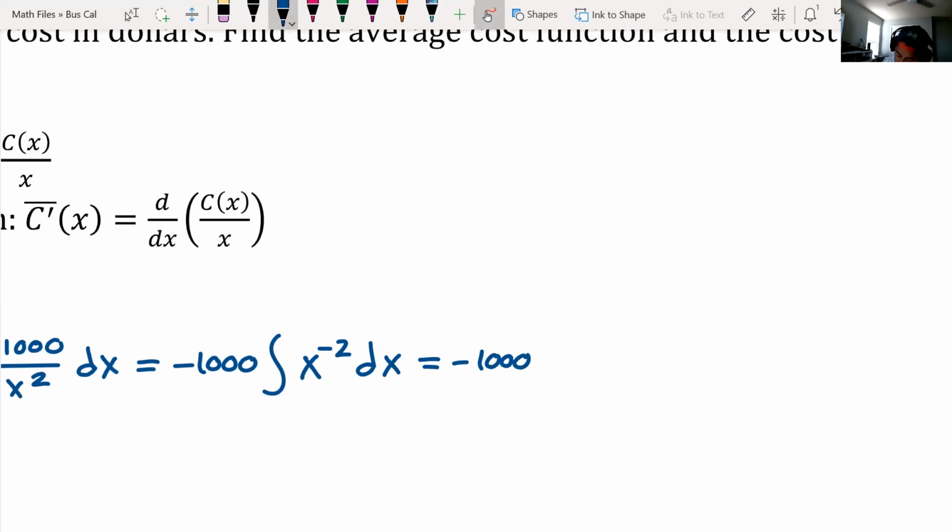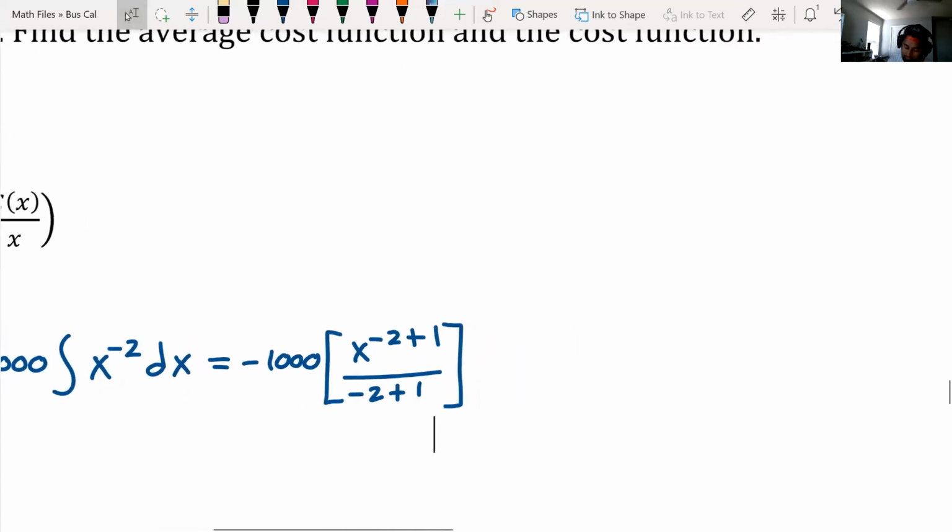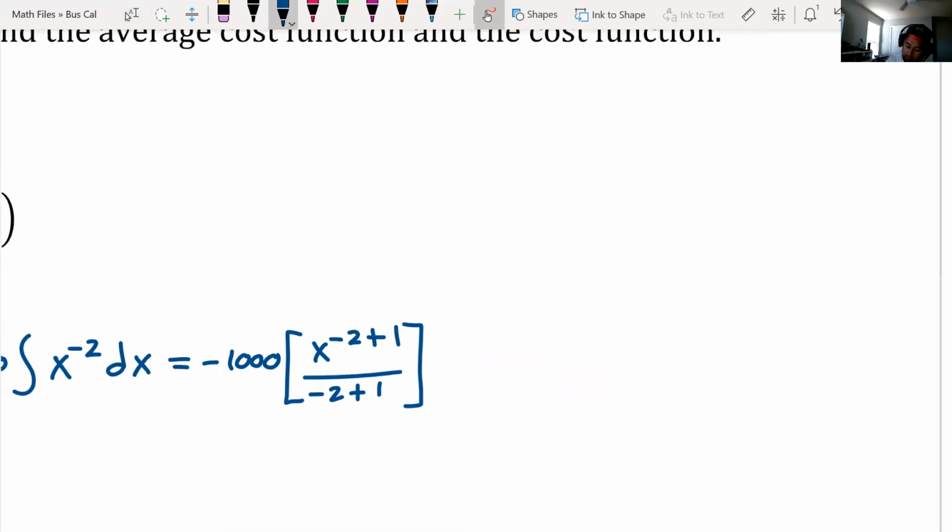Negative 1,000 times X to the negative 2 plus 1 over negative 2 plus 1. Simplify. Negative 1,000 times X to the negative 1 over negative 1.